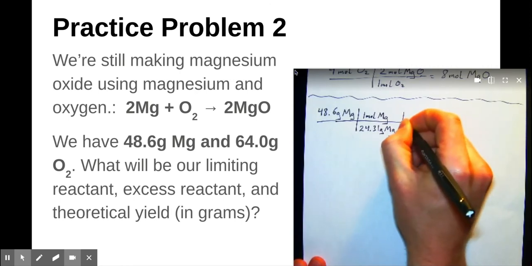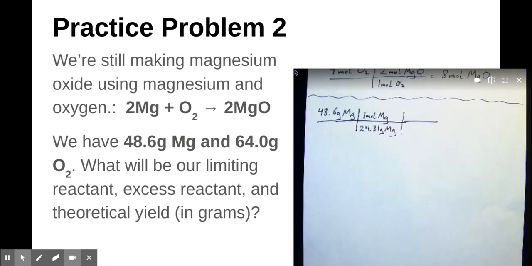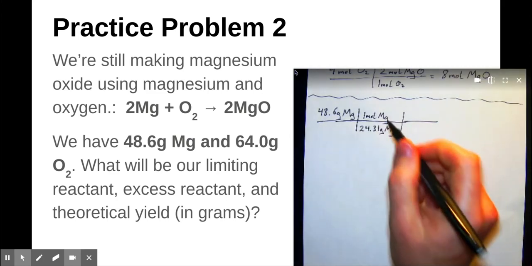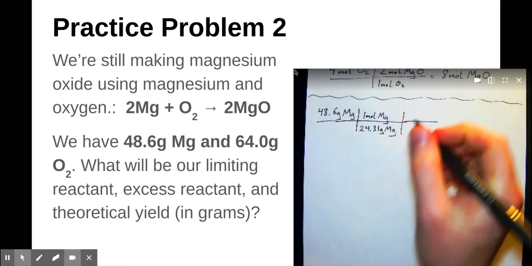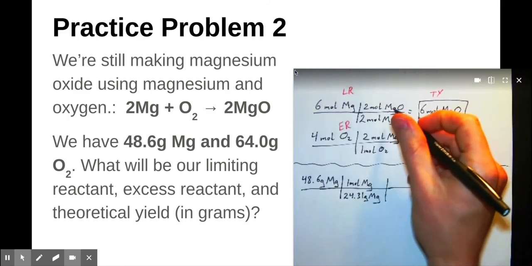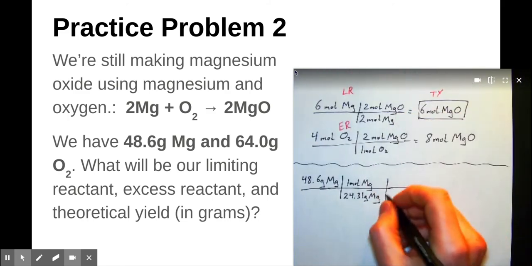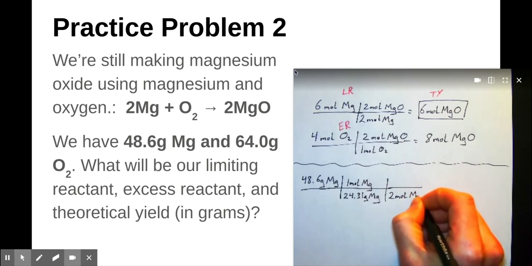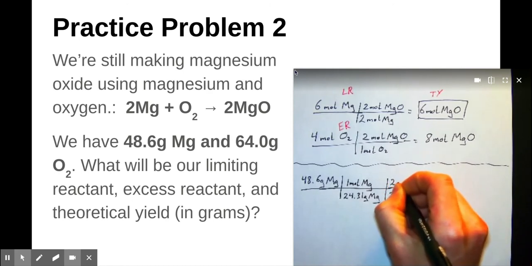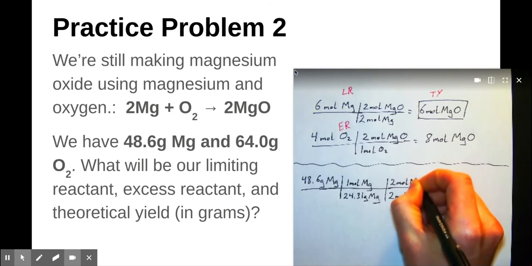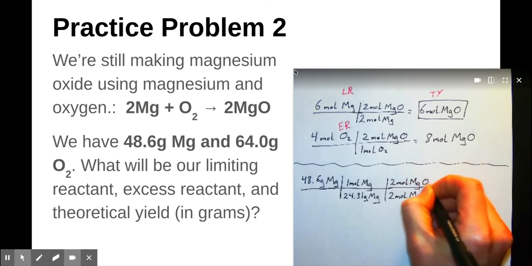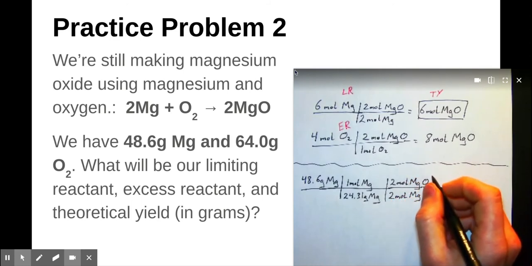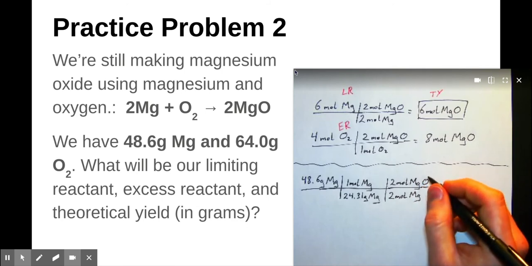Then we're going to have to use a mole ratio, aka a magic box, to convert from magnesium to magnesium oxide. Now, we already know this from this question up here. For every 2 moles of magnesium, we can produce 2 moles of magnesium oxide because there's a 2 coefficient in front of both magnesium and magnesium oxide in the balanced equation.